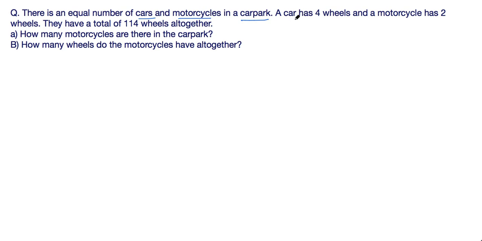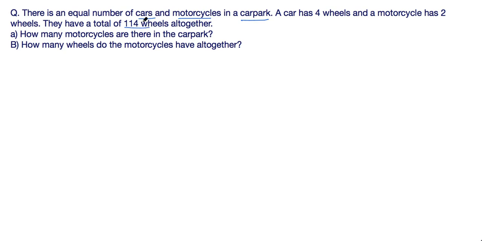So this part might or might not be given in the question. They have a total of 114 wheels altogether. What does this mean? It just means that if you count all the wheels of all the cars and all the motorcycles together, the total would be 114.